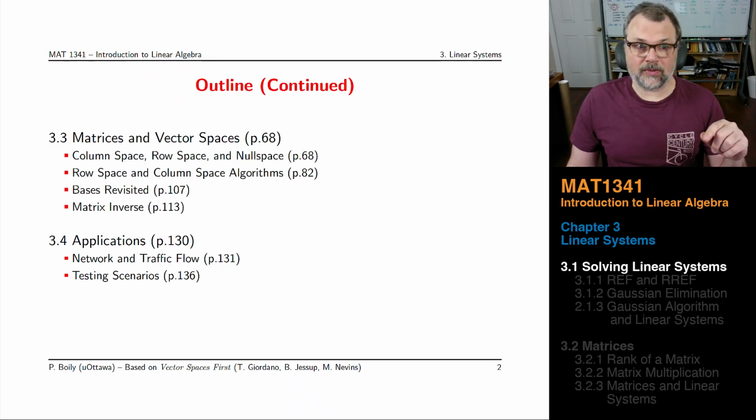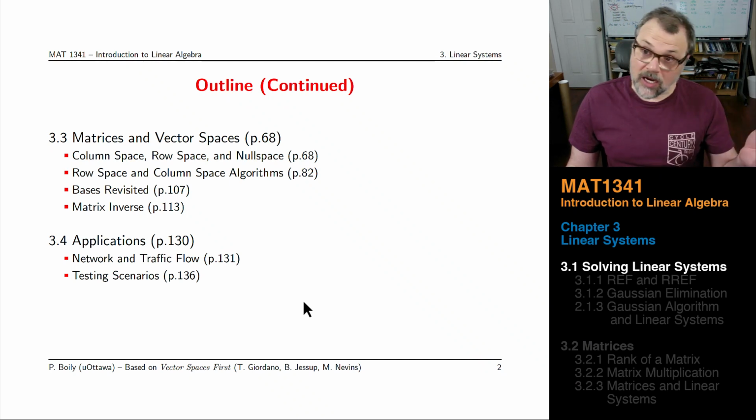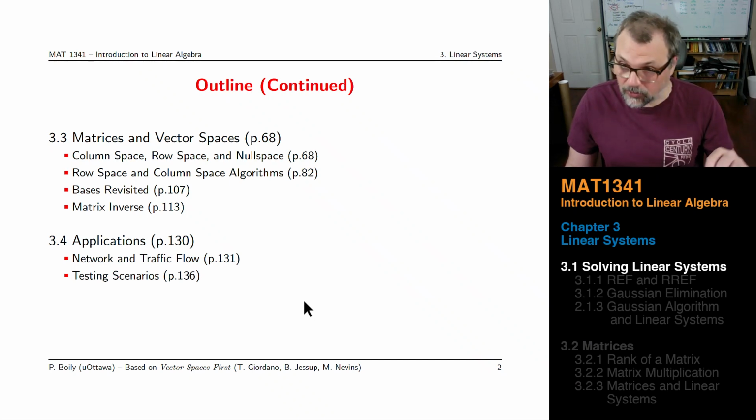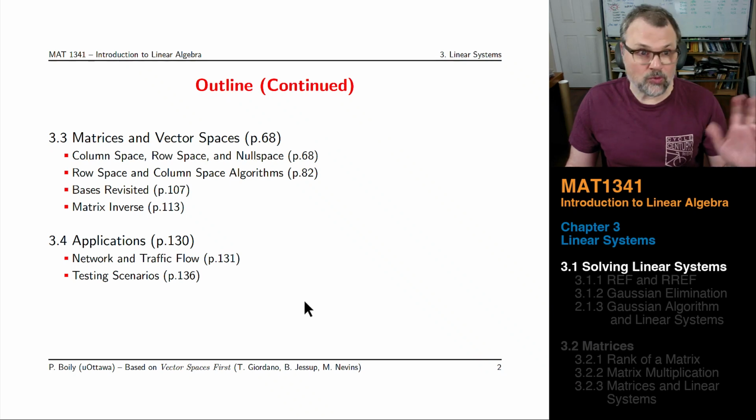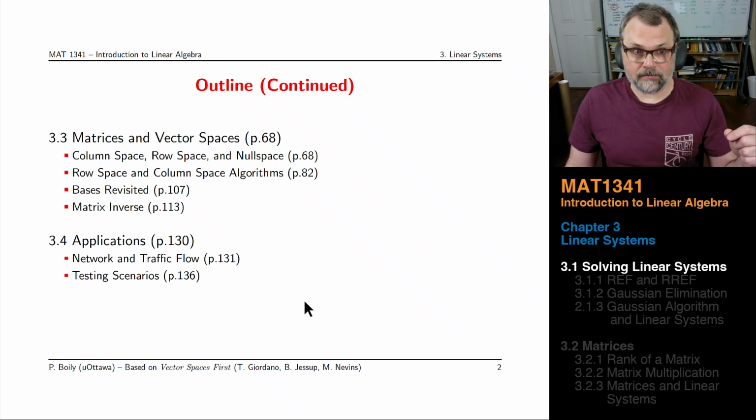So we'll talk about this and how we can use these matrices to solve the systems we must solve. And then we'll talk about matrices also in their own rights, like the types of things you can do for matrices that don't necessarily exist only as an augmented matrix. We'll also do some applications once we have all the tools at our disposal.